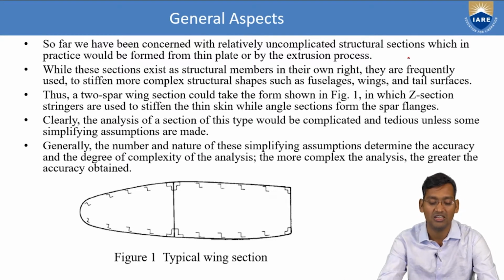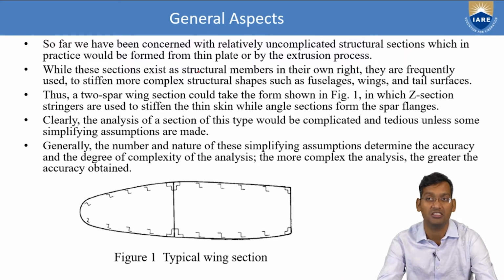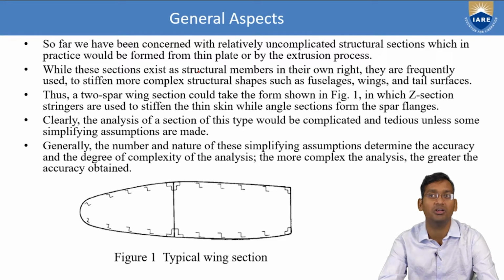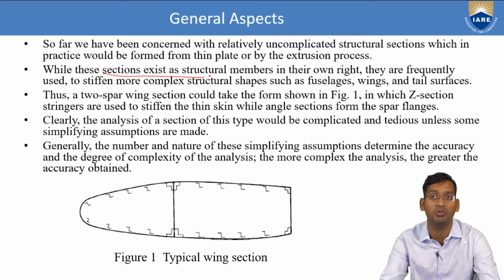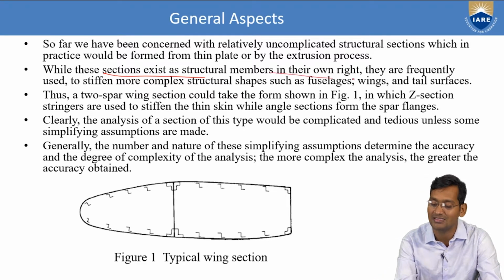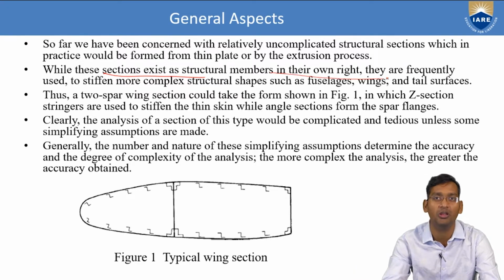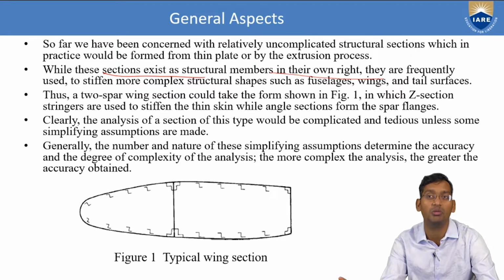Sections which in practice would be formed from thin plate or by extrusion process, in that case, how to analyze them? While these sections exist as structural members in their own right, they are frequently used to stiffen more complex structures.